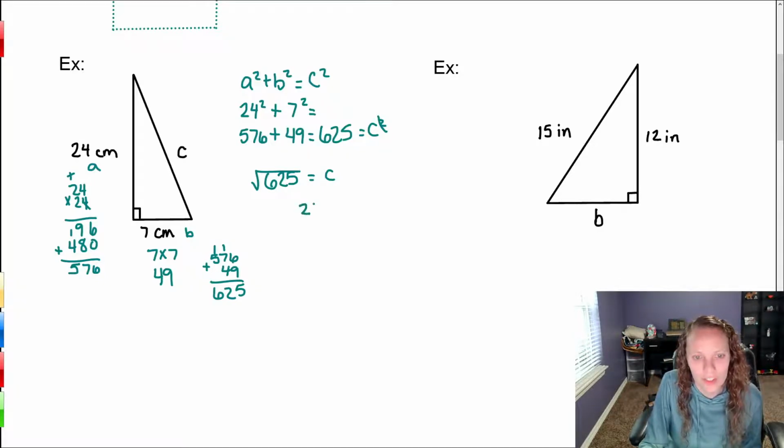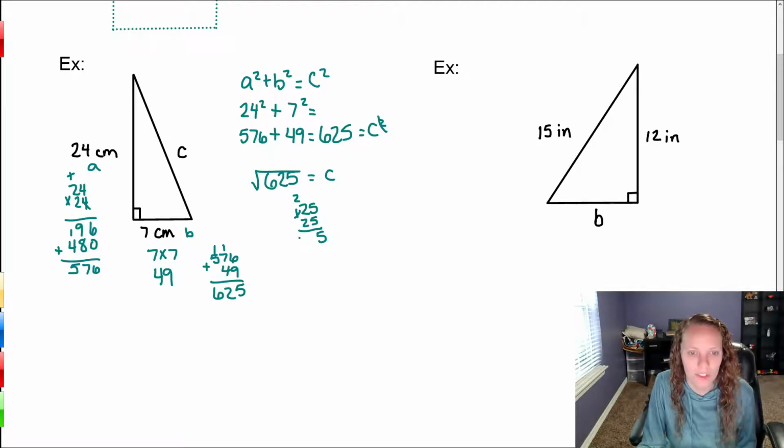Well, let's try 25 times 25. 5 times 5 is 25. 5 times 2 is 10, plus 2 is 12. Add a 0. 5 times 2 is 10. 2 times 2 is 4, plus 1 is 5. And that does give us 625.